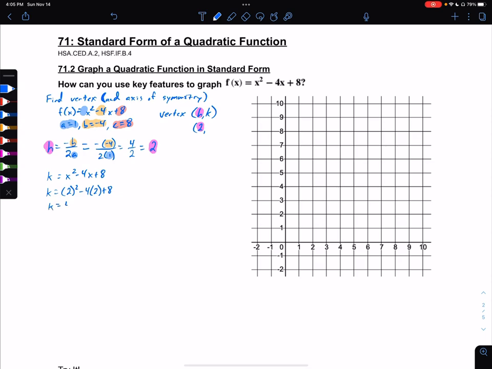So k would be equal to 4 minus 8 plus 8. When you simplify this, you should get a k value of 4. So let's highlight again. These x values were replaced with the h value, and the k value, we'll put that in green here. So k will be equal to 4.